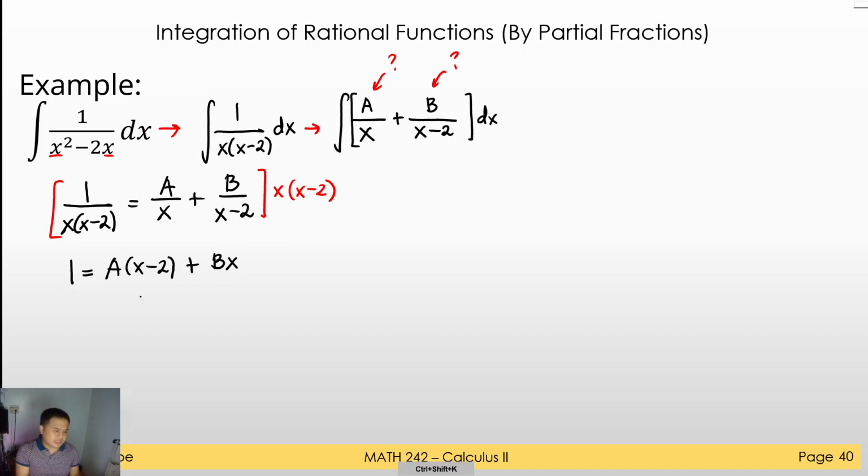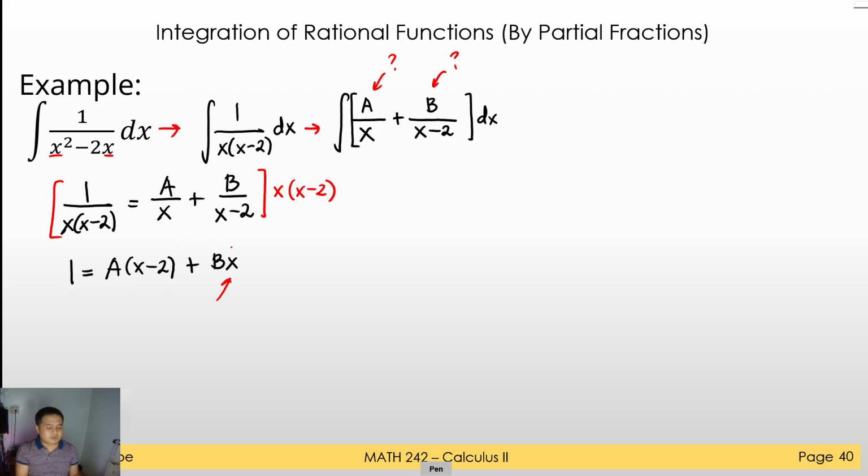So in here, we can assume a value of x so that we can cancel out a term. Let's say we substitute x is equal to 2. If this is 2, then 2 minus 2 is equal to 0. We can cancel out this. Therefore, as you can see, you can solve for b.